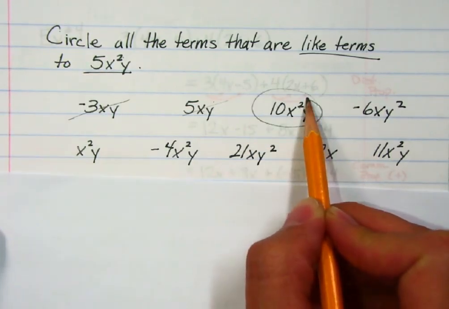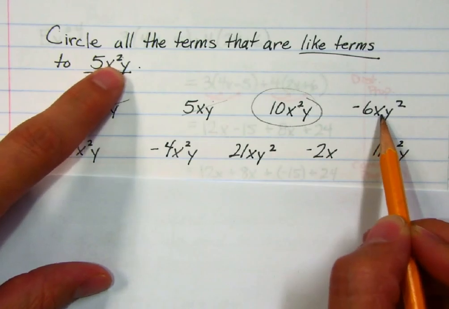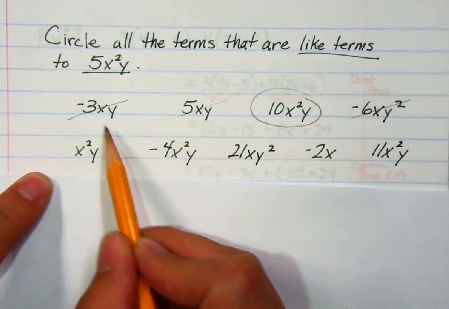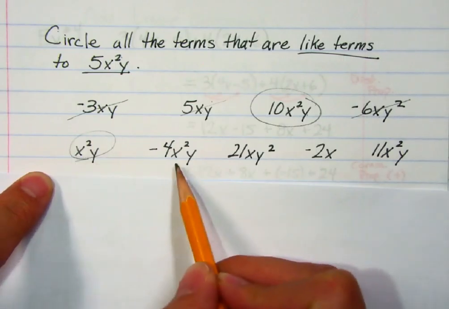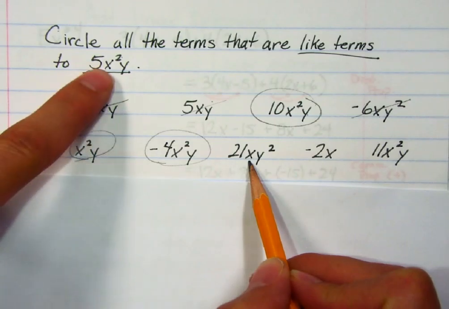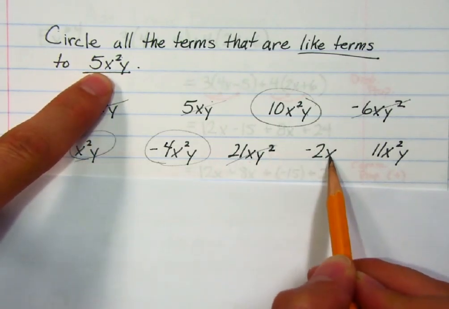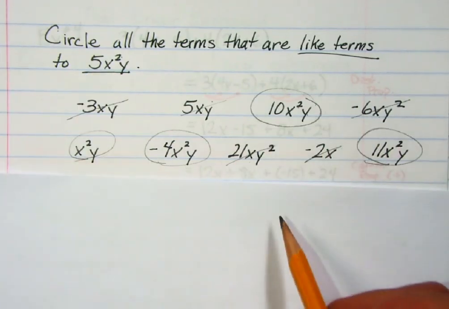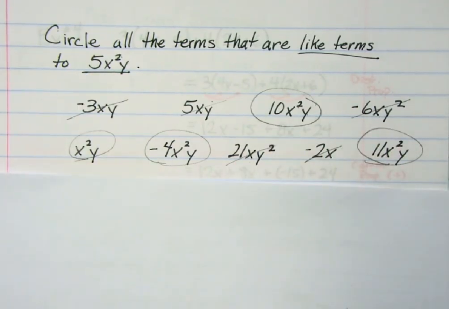That's the first one. Over here, x squared, no, so I had to stop right there. Back over here, x squared y, yep, those are like terms. x squared y, yes. x, nope, I need it to be x squared. Doesn't have x squared y. There you go. So those are the four terms that can be combined together.